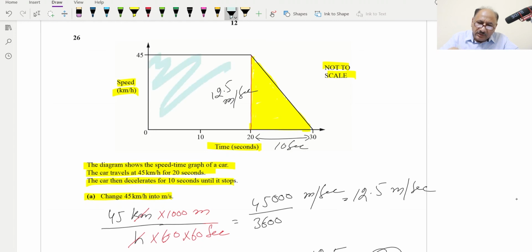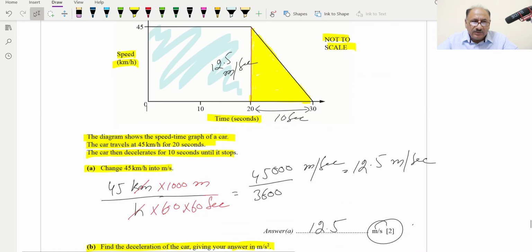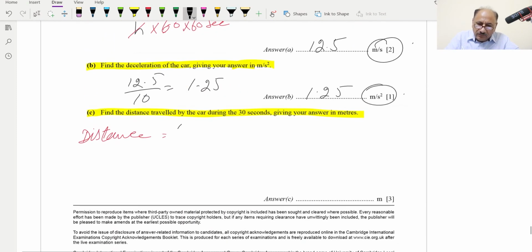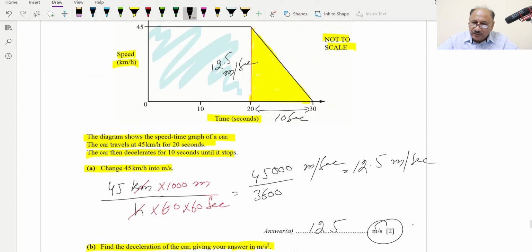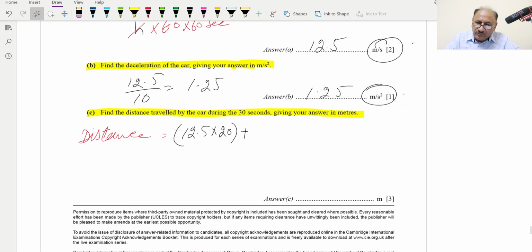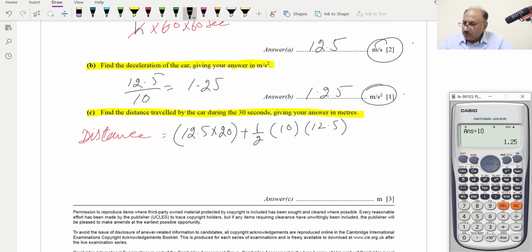We can write this rectangular area as 12.5 multiplied by 20, and plus area of this triangle. This one will be half into base into height, which will be 1 by 2 into base is 10 and height is 12.5.